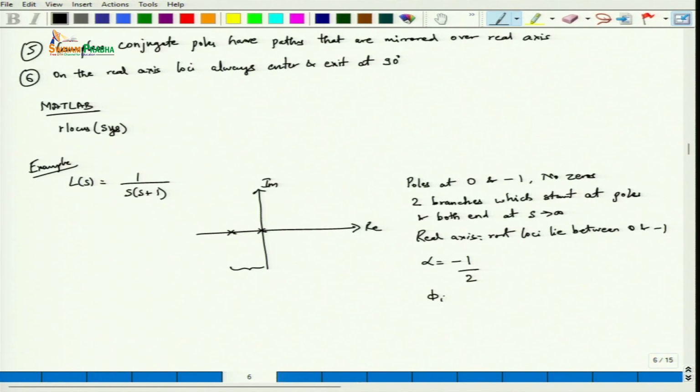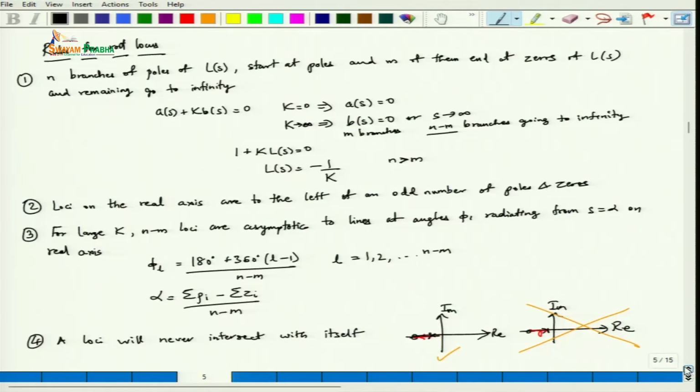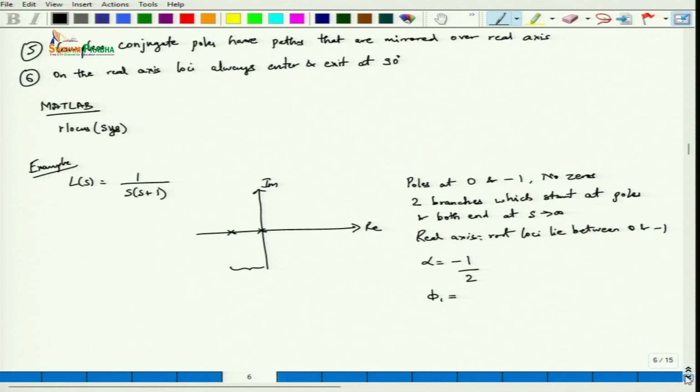We can similarly get phi by directly inputting this formula. We know n minus m is equal to 2, so we will have L is equal to 1 and 2. If we substitute 1, we get 180 degrees divided by 2, which is 90 degrees, and phi 2 to be 270 degrees.